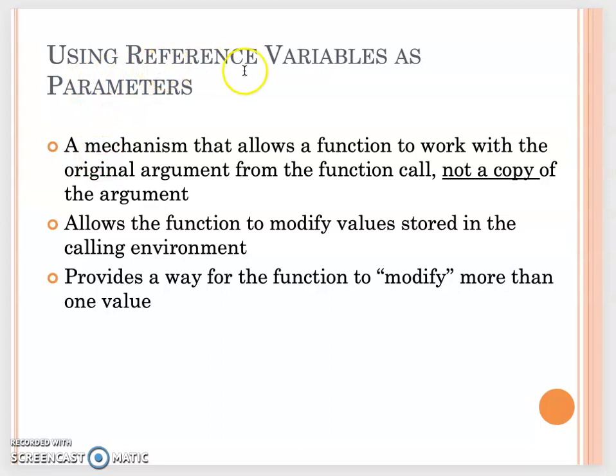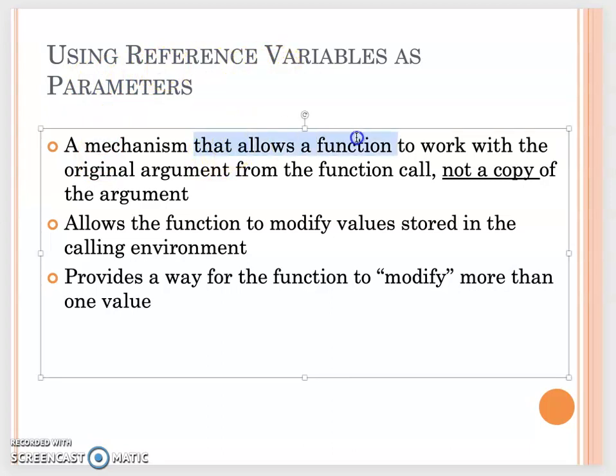When we're using a reference variable as a parameter, that means you allow a function to work with the original argument. Remember what we said the argument is? The argument is the value you pass when you call the function from the main function. We call that the passing argument. Before, we only showed you passing by copy.